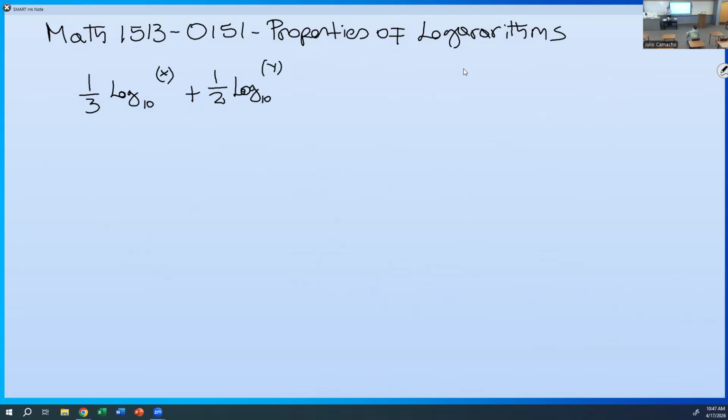I will give you 2 minutes to reverse, to put this expression in one single logarithmic expression. Let's try to do this by ourselves, and then we'll continue. You have 5 minutes to do it.